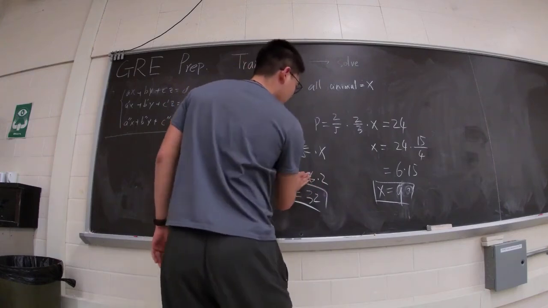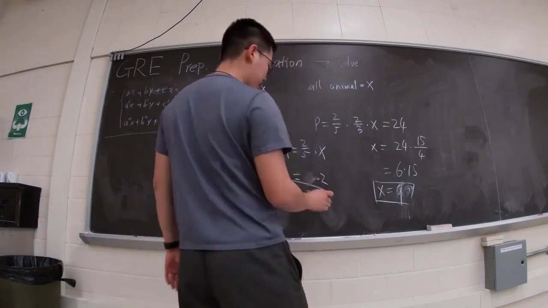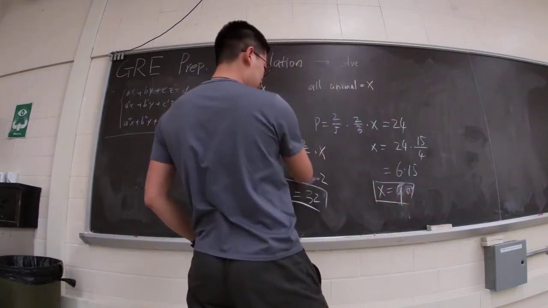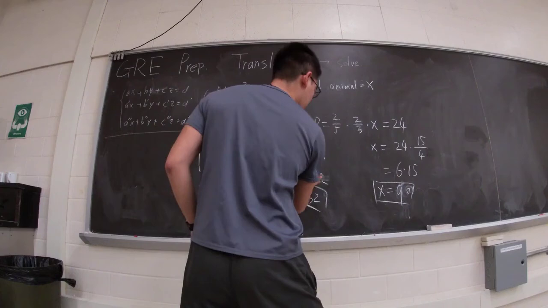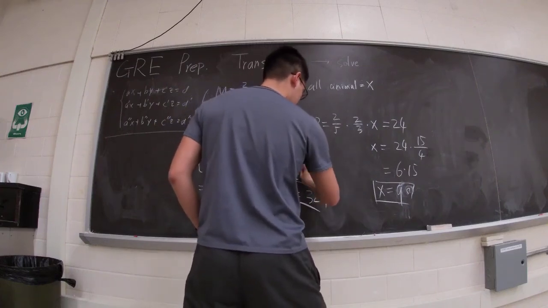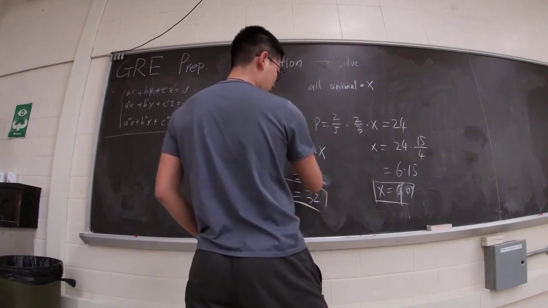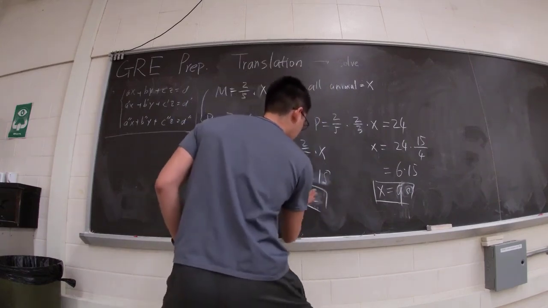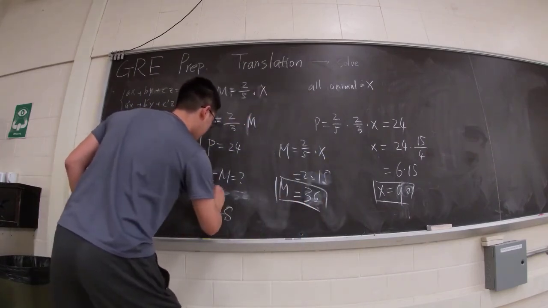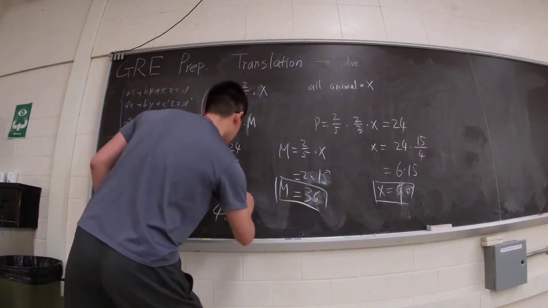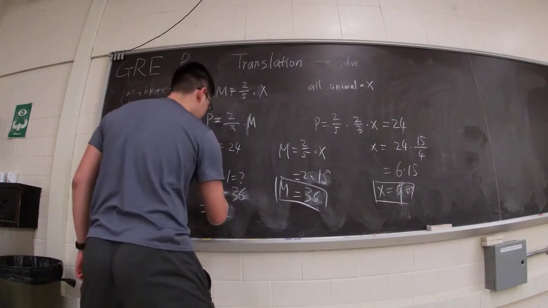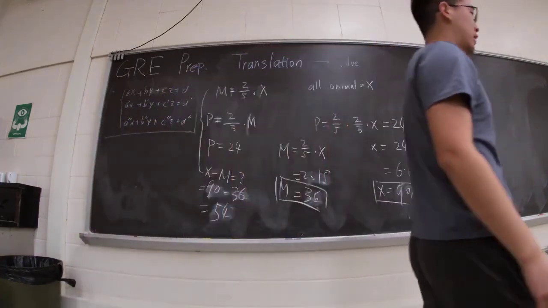So 90 minus 36 equals 54, and that's the correct answer.